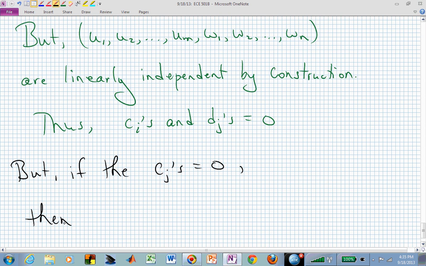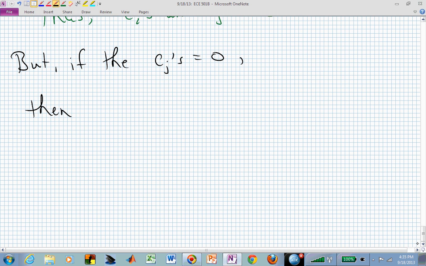remember what we started with? We picked a linear combination of the w's that equaled 0, and they were all combined with the c's. So now, actually it was the TW's, wasn't it, that we started with?